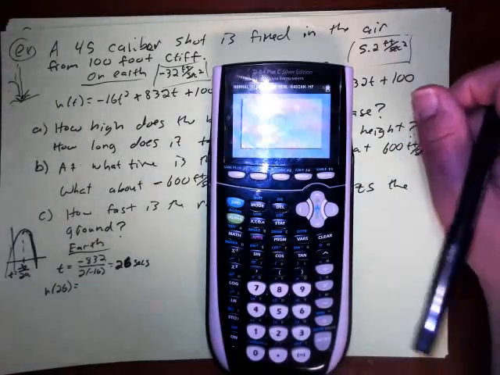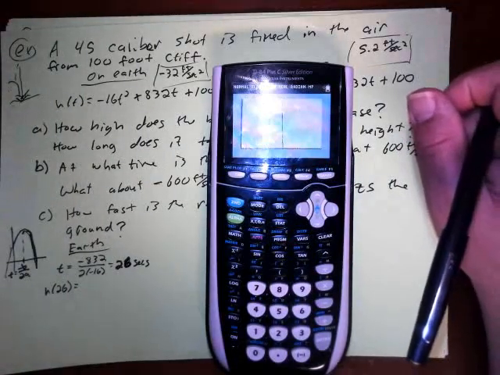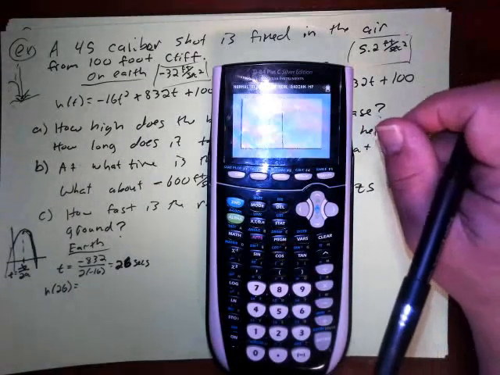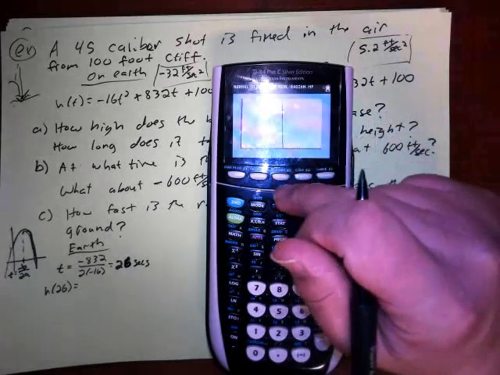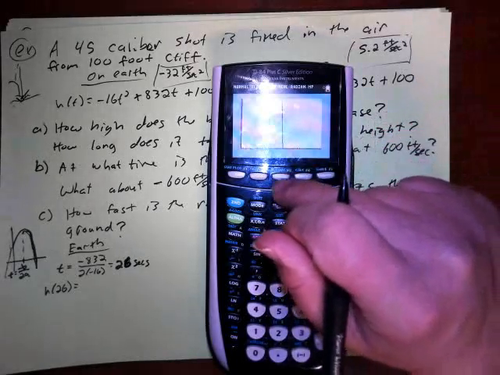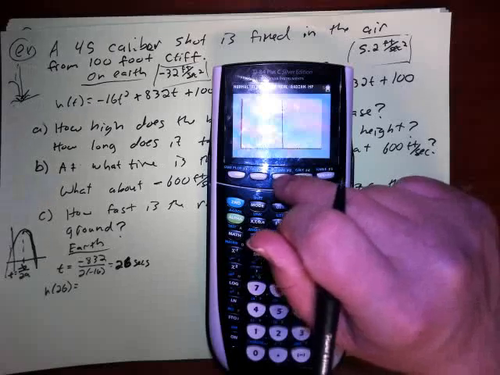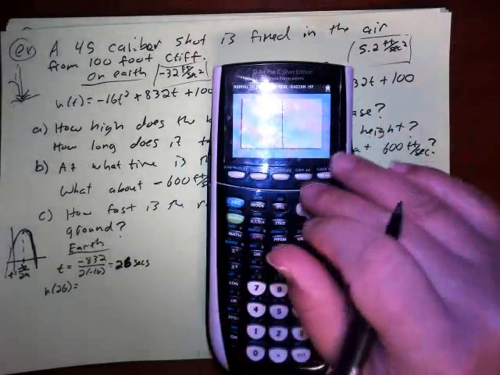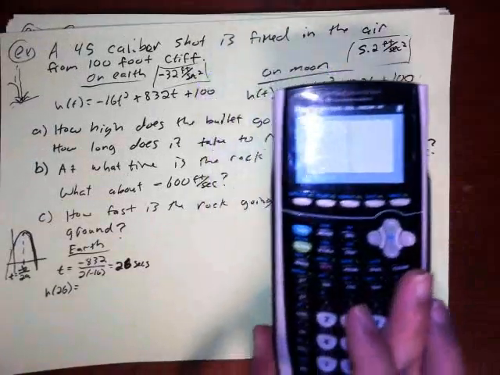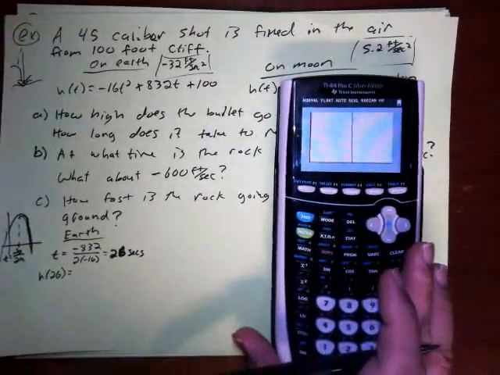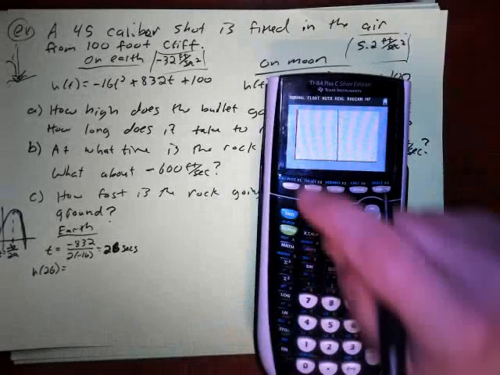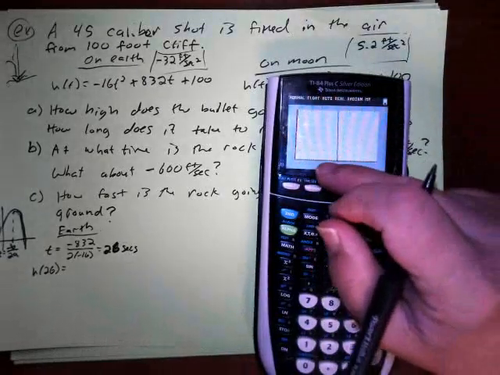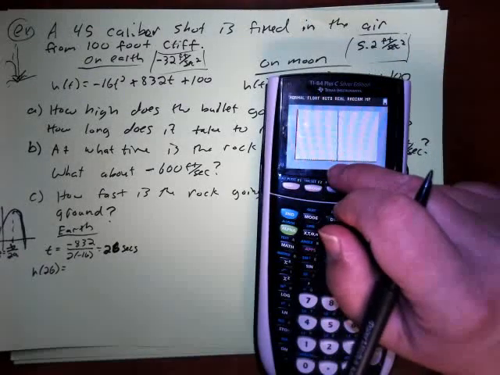Okay, let's see if this... Oh boy, that thing is just really going high, isn't it? Okay, that's the issue here. So this is going higher than 1,000 feet. So let's change my window again. It's okay for you to see this because this is what you have to do to figure out what's going on in these problems. I can now see the parabola, and see this is coming down here.